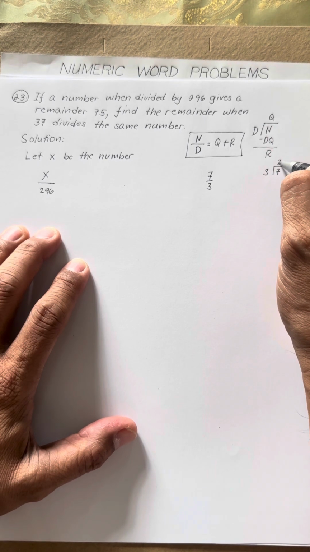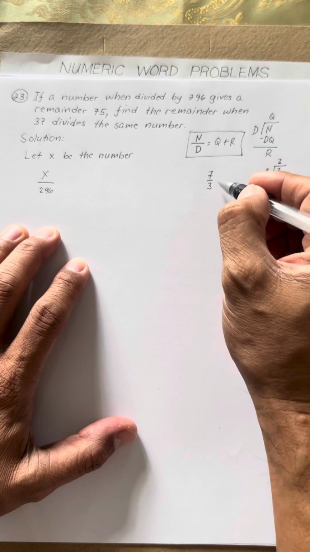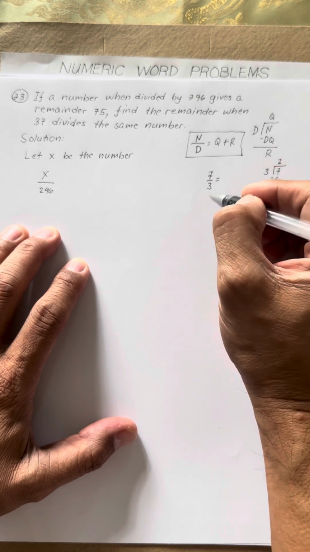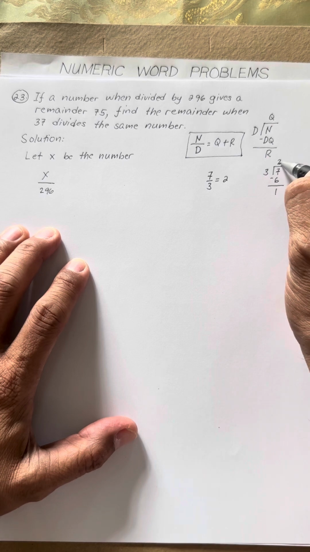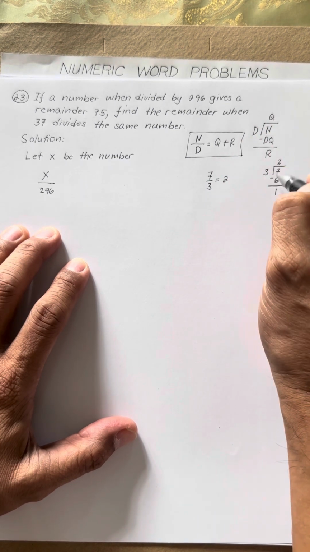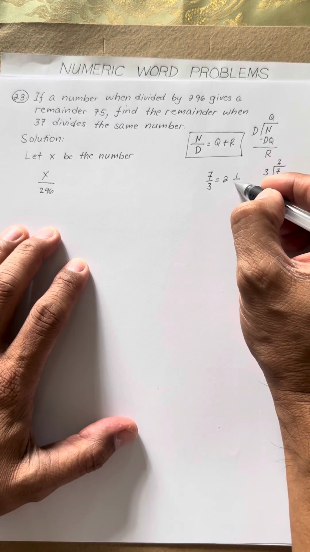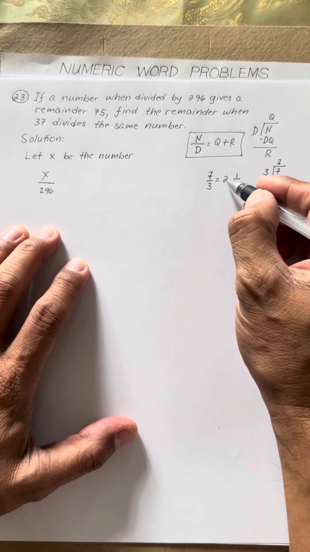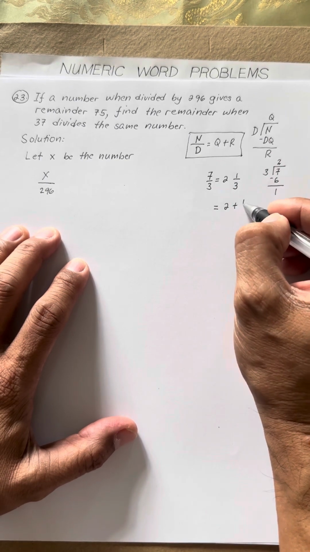This is the quotient, 2 times 3 is equal to 6. 7 minus 6 is equal to 1. So 7 divided by 3, our answer will be 2 and 1/3. So we write this as our answer, 2 and 1/3, and this can be written as 2 plus 1/3.